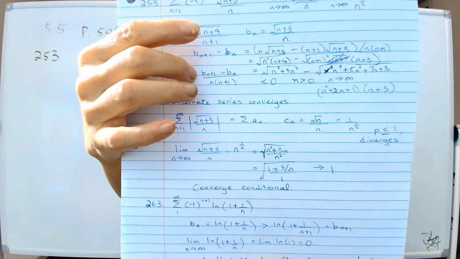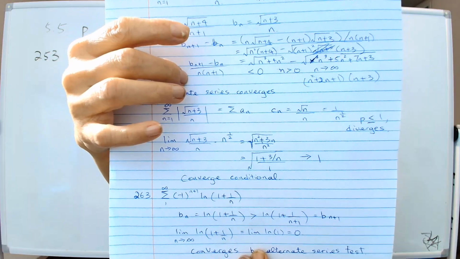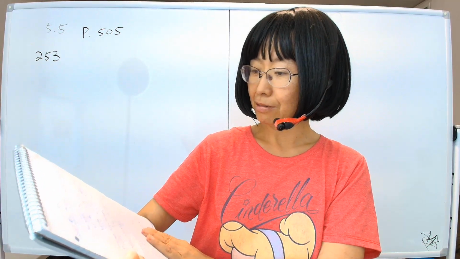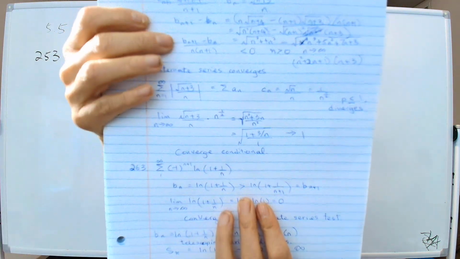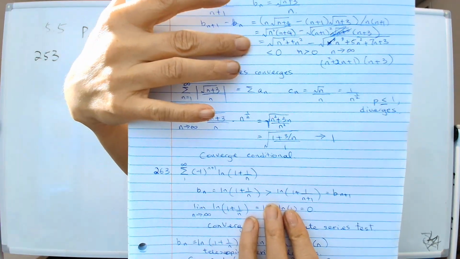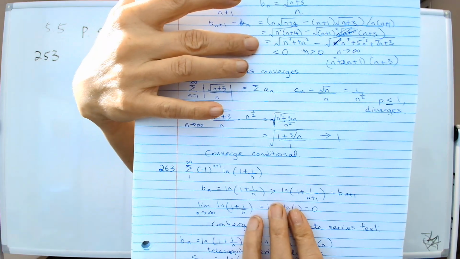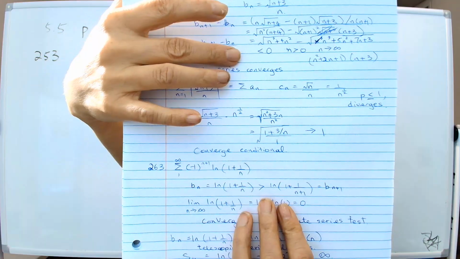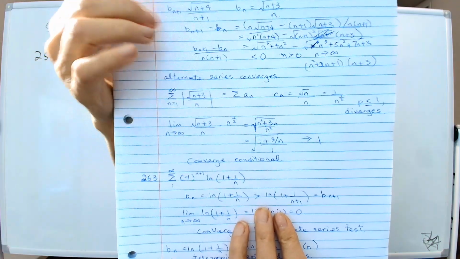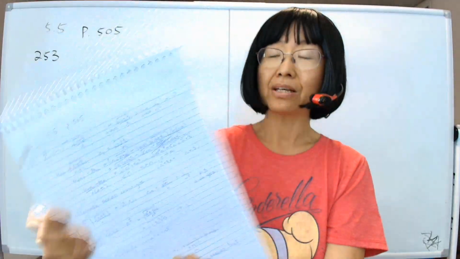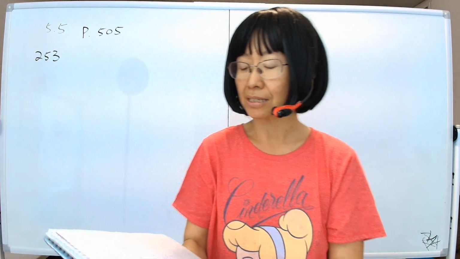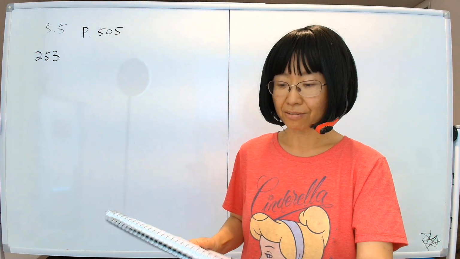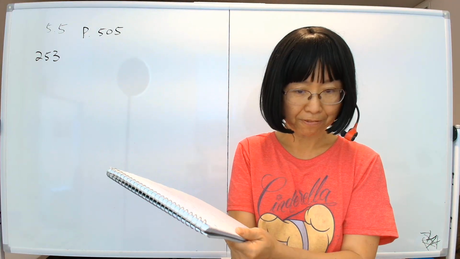Maybe I should have been multiplying instead of subtracting, but it doesn't matter. The point is, you end up with something that is less than 0, which is reasonable to believe for n bigger than 0, especially as n goes to infinity. Therefore Bn is bigger than Bn plus 1, satisfying the alternating series test, and so the alternating series does converge. It just doesn't converge absolutely.